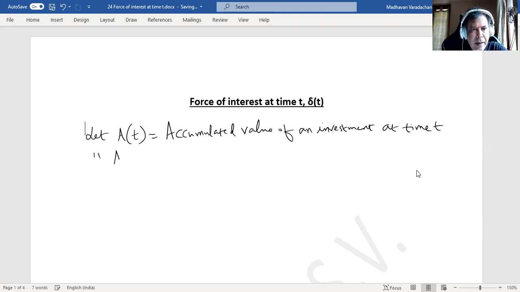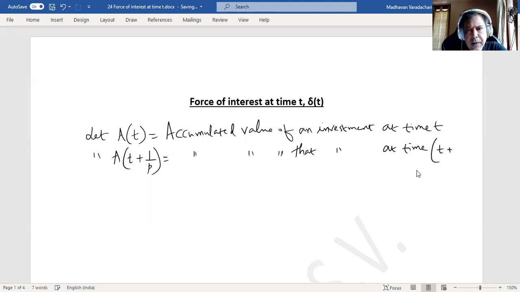Then let a(t + 1/p), let me take a smaller value 1/p, equal the accumulated value of that investment at time t + 1/p.